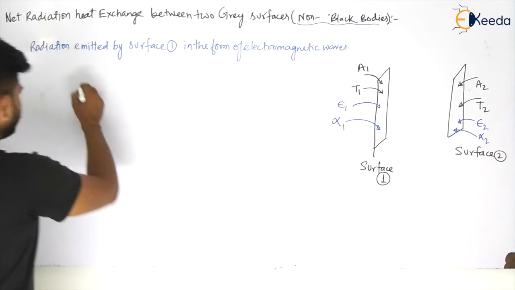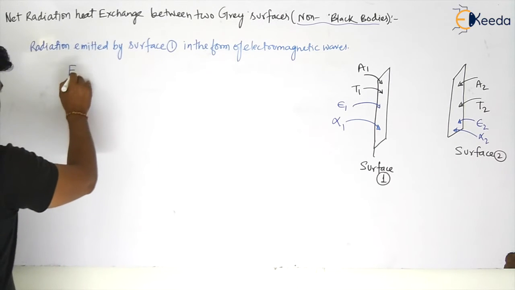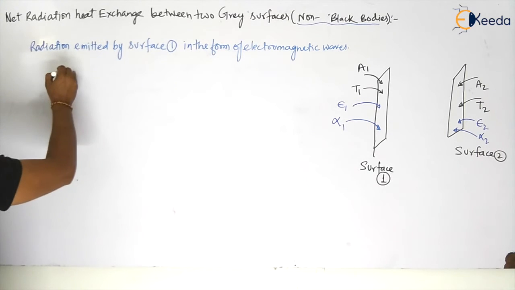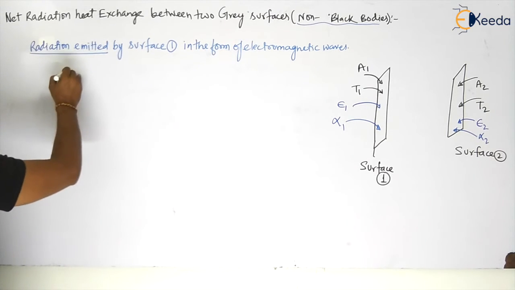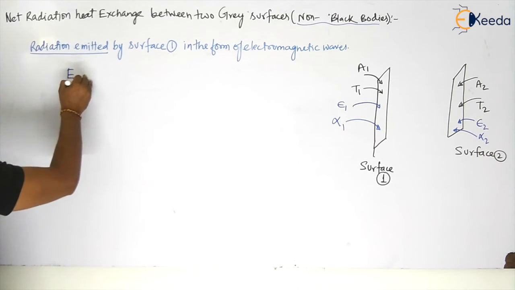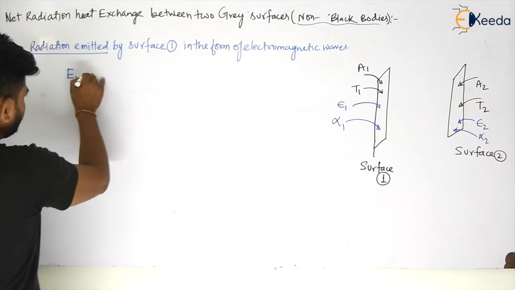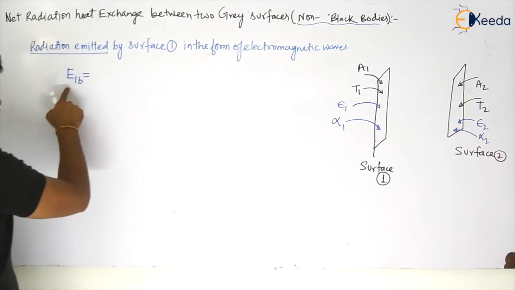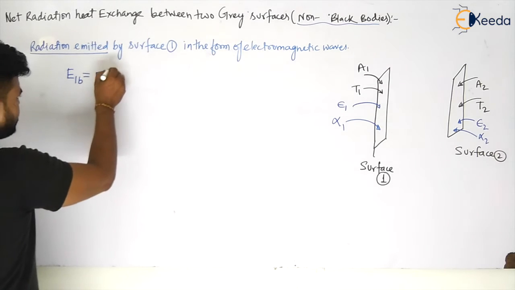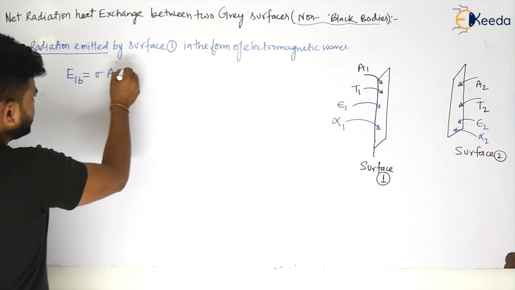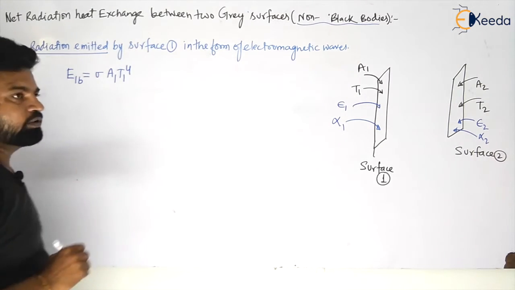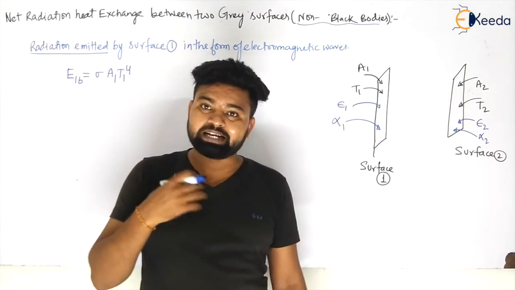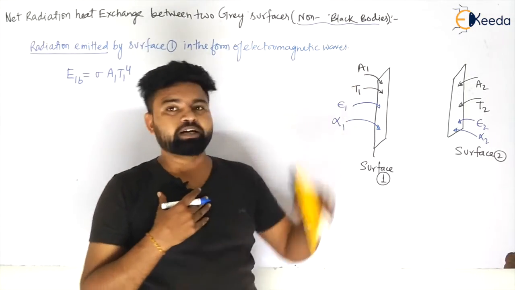So what will be the net radiation heat exchange? Sorry, I'm not talking about the exchange. The radiation emitted by this body, let us take E1. If it is a black body, E1B is equal to sigma A1 T1 to the power 4. But I want to calculate for the non-black body, my dear students.